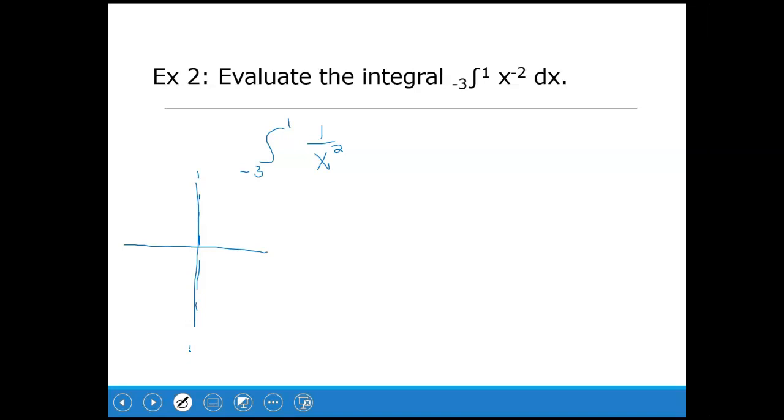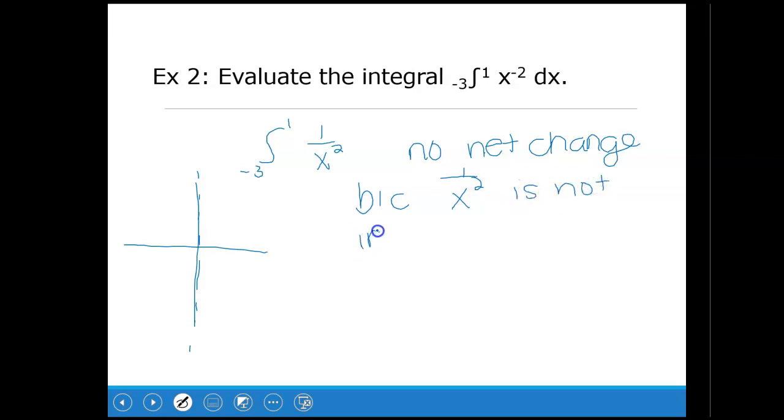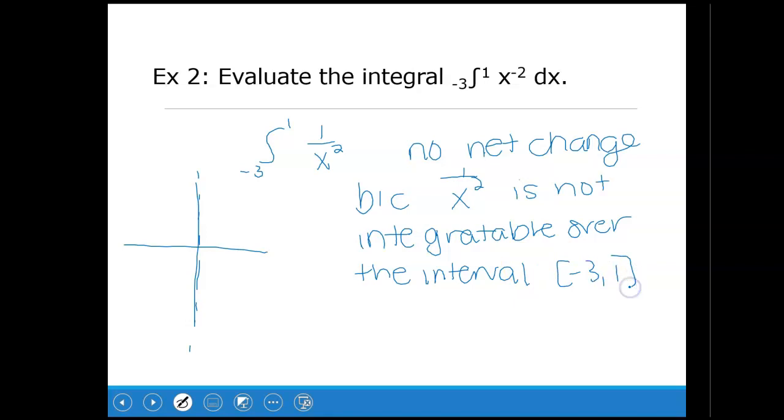So if a function is not continuous, then it cannot be evaluated. So there is no net change because x to the -2, or 1 over x squared, is not integratable over the interval -3 to 1.